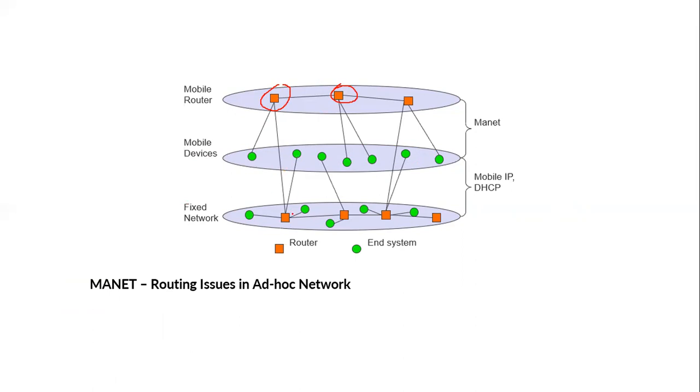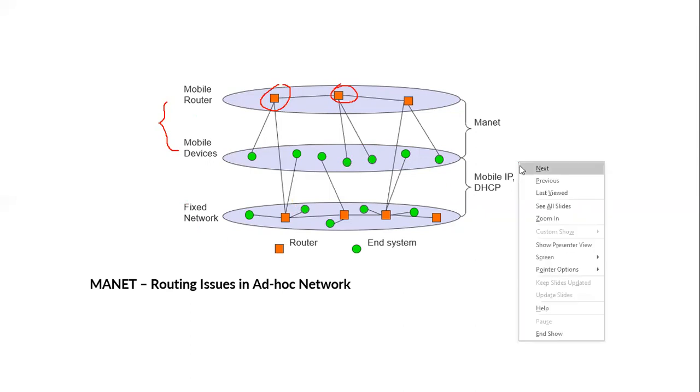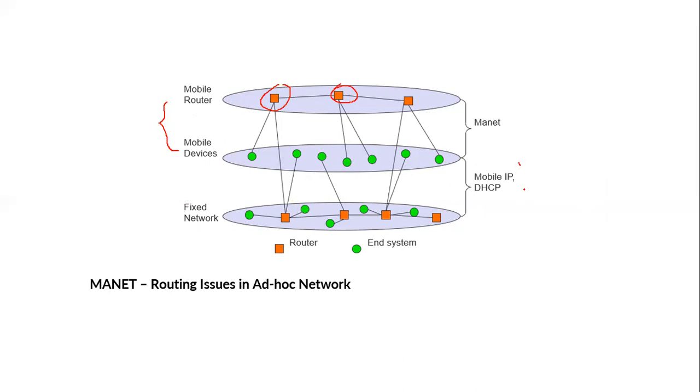Basically, this diagram shows the relationship between MANET and mobile IP, and also the relationship between mobile IP and DHCP, that is, dynamic host configuration protocol, which provides the COA address for the mobile devices when they move from one network to another.